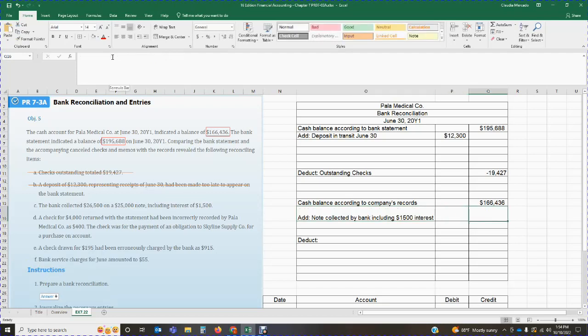How much did we collect? $25,000 plus $1,500. We collected $26,500. Those $26,500 were already reflected on the bank section, but we, the company, had not recorded it. So that's why we're adding the deposit on our end.